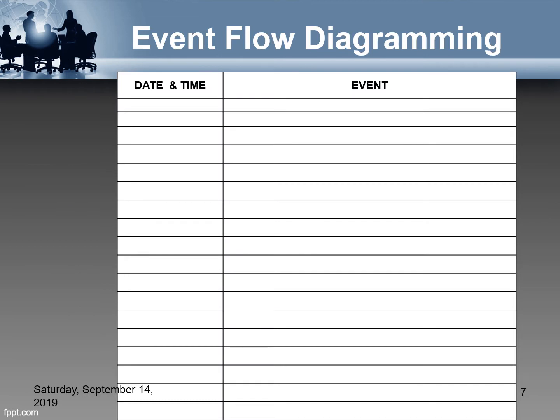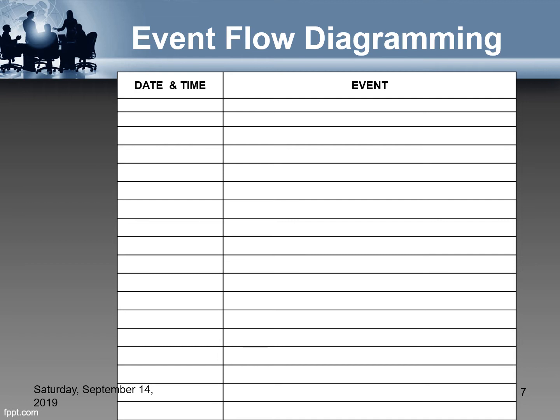This shows the event flow diagram. On the left column, we write the date and time in a chronological way. And on the right column, we describe what happened.